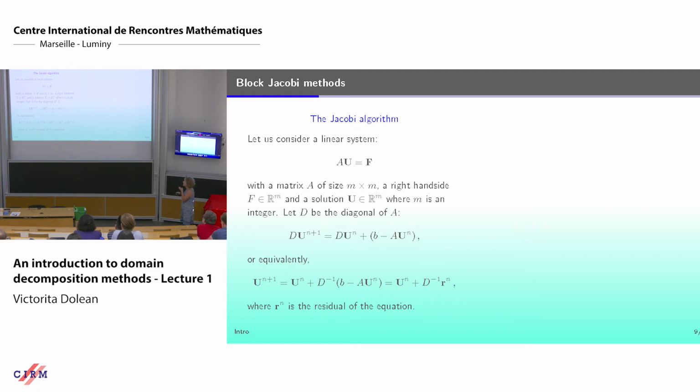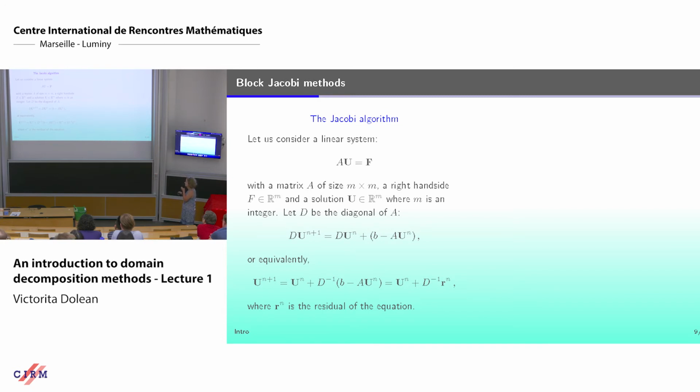So you just compute U^(n+1) from U^n, and here you just keep the D, right? It's very easy to see that if this algorithm converges, it will converge to the solution of this linear system, okay?